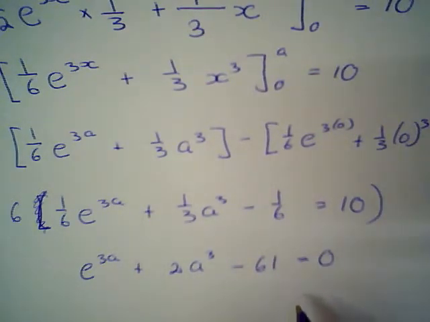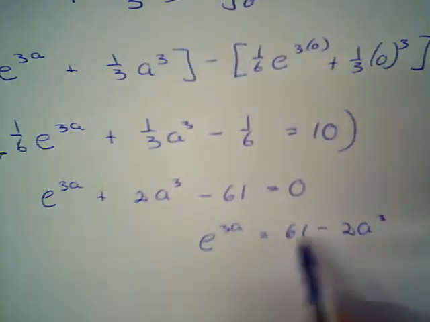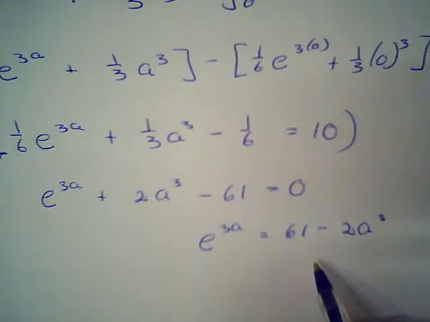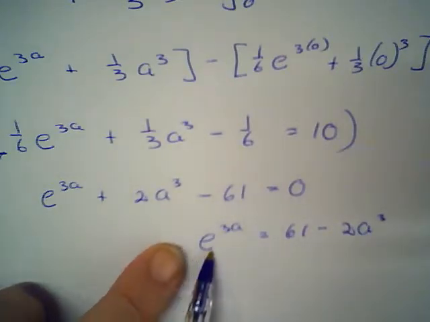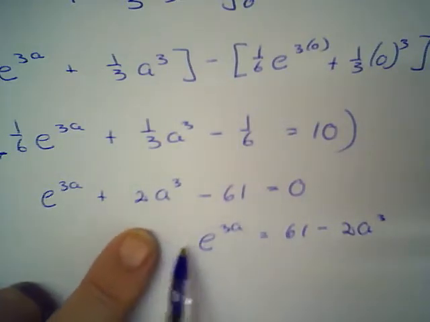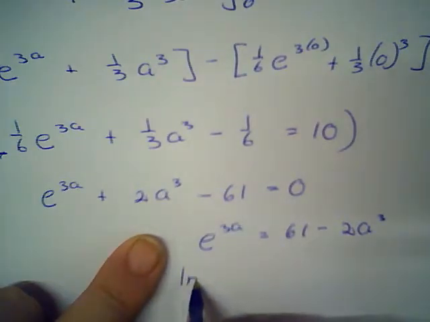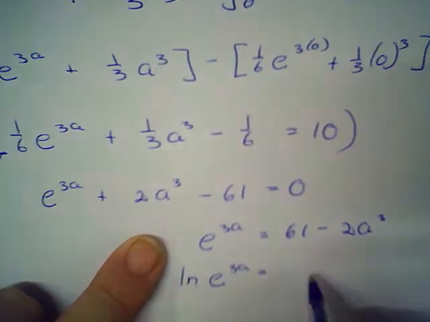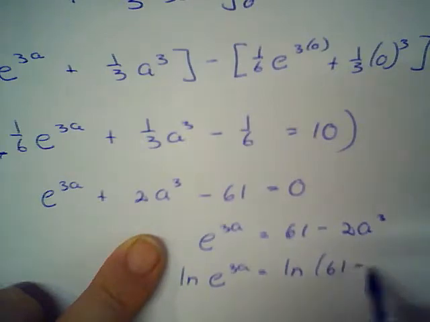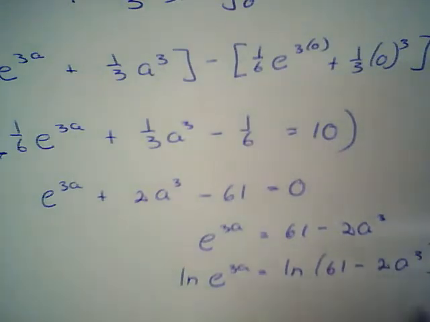Okay. Now we are going someplace. I can move these two terms over to that side. So e to the power 3a equals 61 minus 2a cubed. And that is what I have inside my parenthesis there. So I'm really happy. I'm excited to finish this question off. Take the natural log on both sides. So natural log of e to the 3a equals natural log of 61 minus 2a cubed.